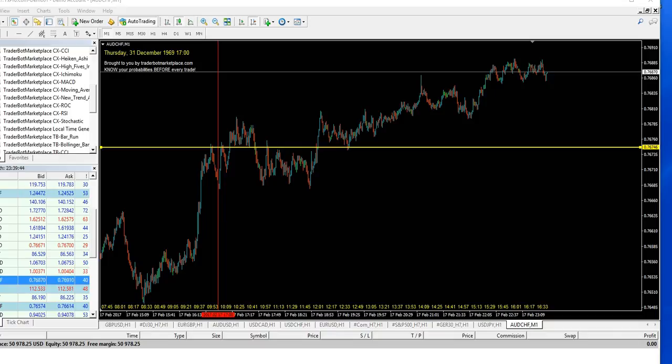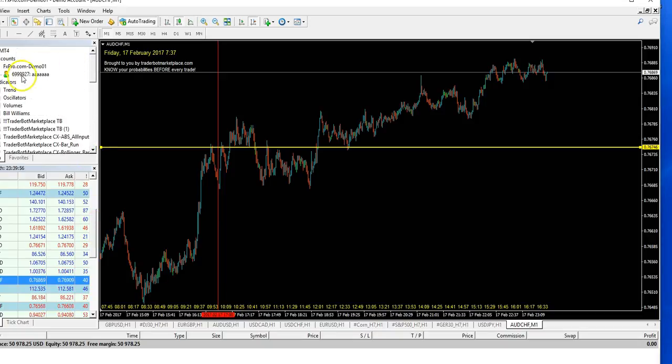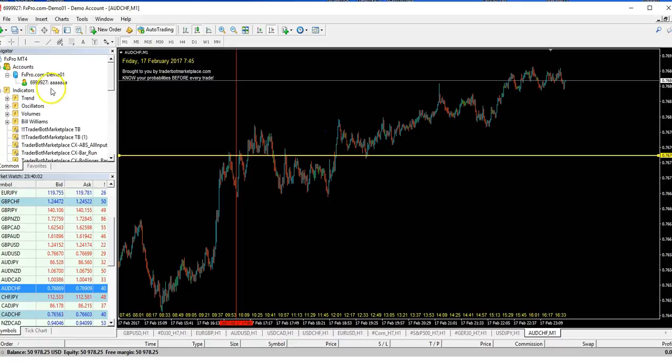Switch between accounts. Right here, once you set up accounts, they're going to be in right here, however many you have, 1, 2, 5, whatever.